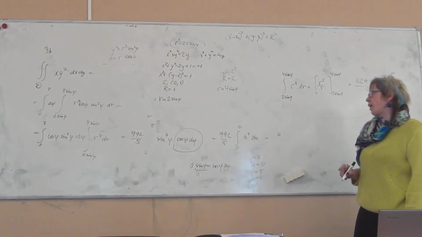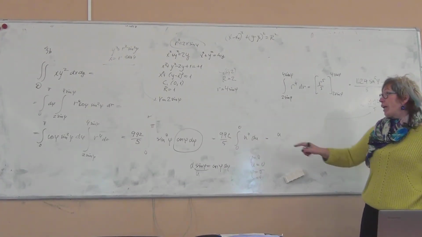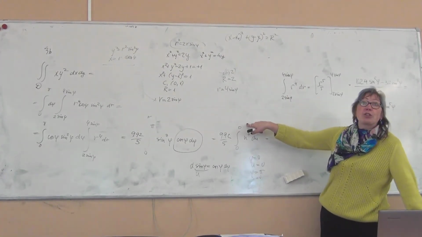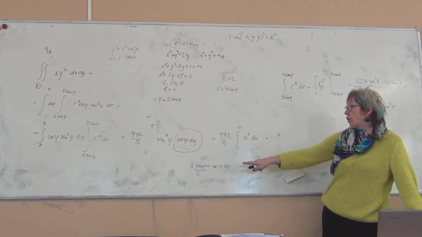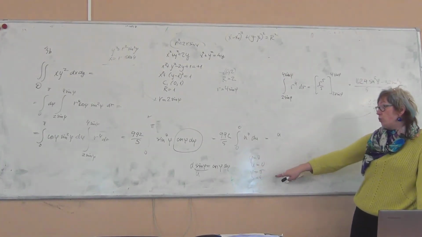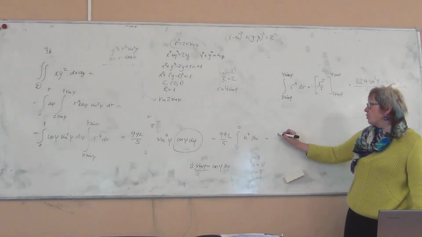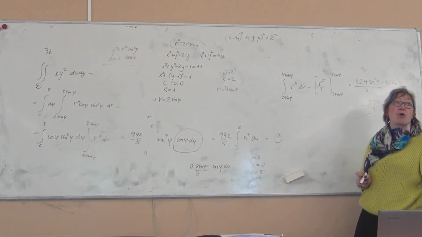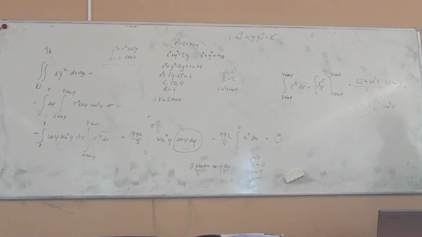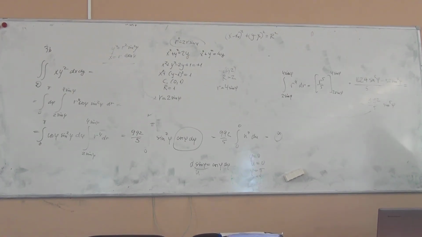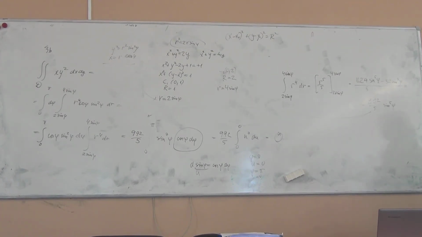So when I change the boundaries of integration from phi to u simply by calculating, I see that the final answer will be 0 without even integrating, simply because sine of 0 is 0 and sine of pi is also 0.